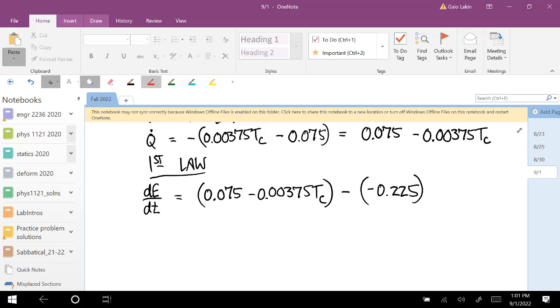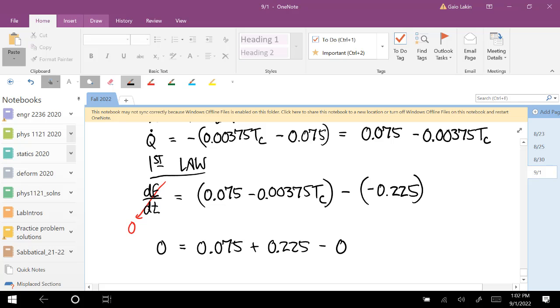This is steady state, so dE/dt is equal to 0. And so 0 is equal to 0.075 plus 0.225 minus 0.00375 T_C.